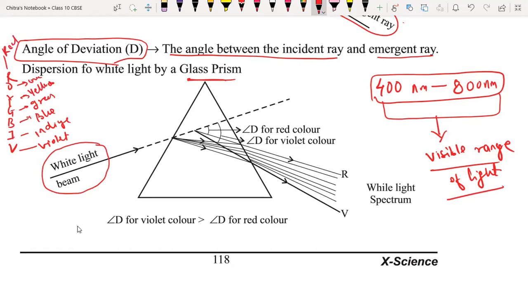These are the 7 colors which are the components of white light.